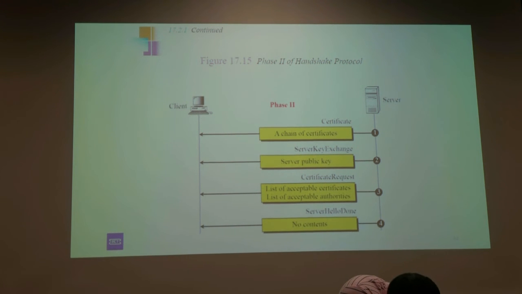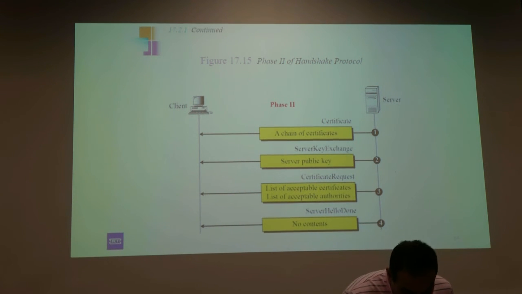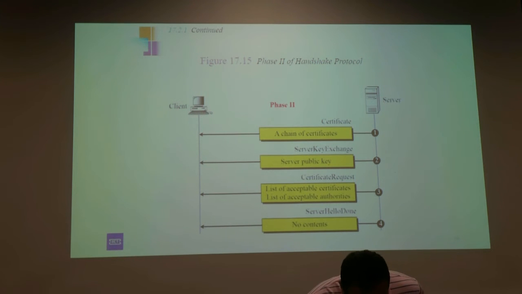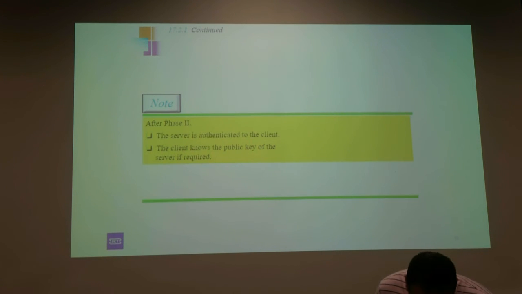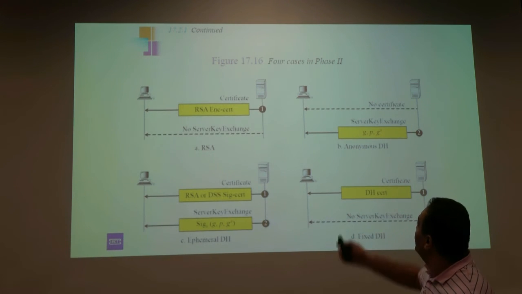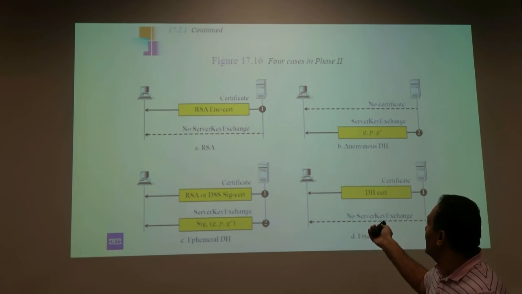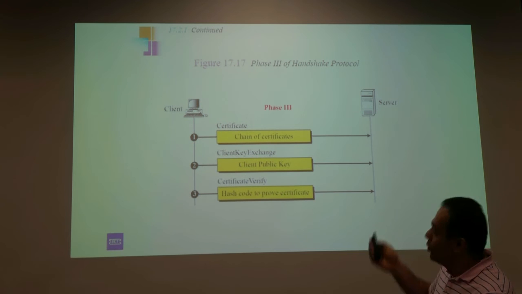The server is authenticated to the client, and the client knows the public key of the server, if required. That's phase 2. These are the 4 cases in phase 2; you could take a look at that. I'm not going to spend time there. We'll go to phase 3.